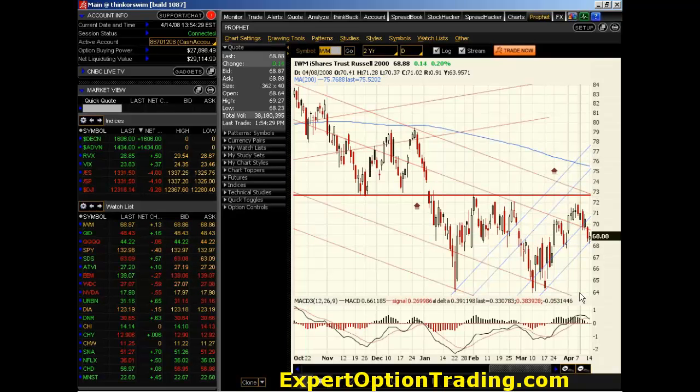So we want to remember those support and resistance points when we go in and set up our double calendar, because we'd like to have our break evens at those points. That gives us the widest profitable range. And also, statistically, the probability is in our favor that the IWM will exceed those, unless we get into a real bull market here. And then all we have to do is adjust our trades accordingly.